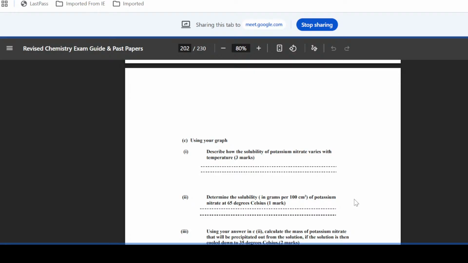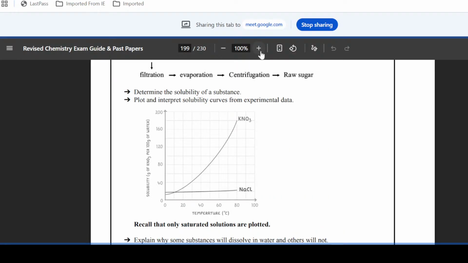Alright, so this says determine how the solubility of potassium nitrate varies with temperature, using a graph. We didn't do the graph, but let's say it looked like the image from earlier. So let's use that image. So let's say when we did the graph, it looks something similar to this. So you get a curve looking like this.